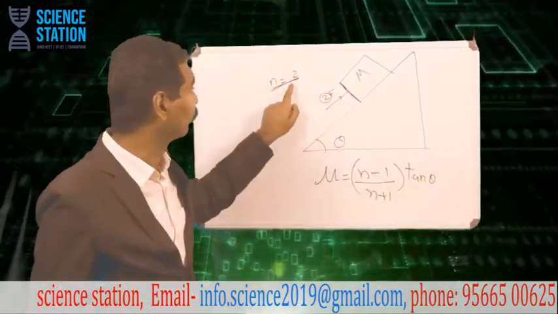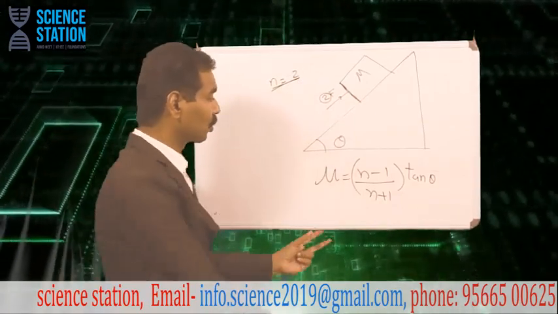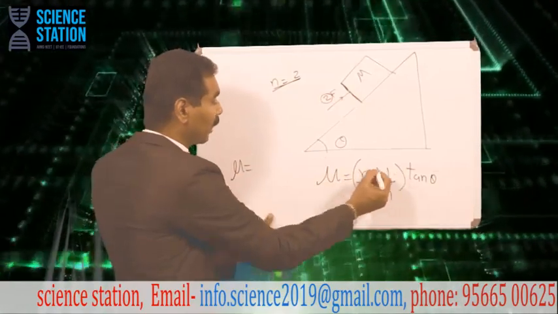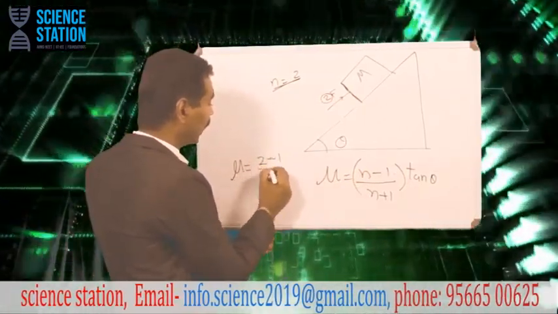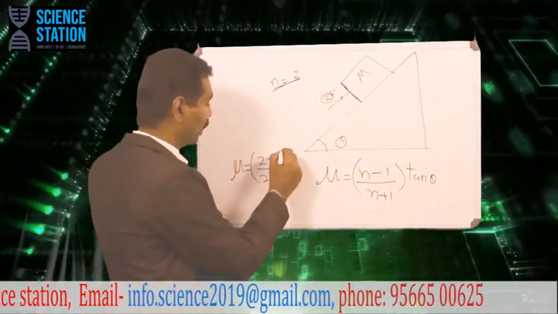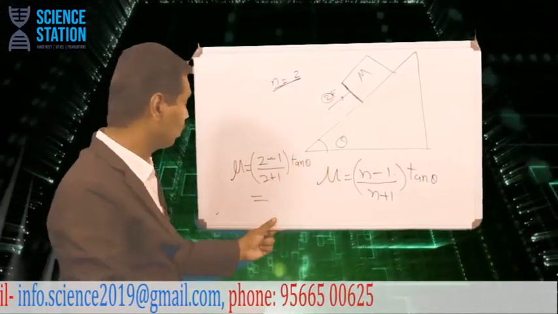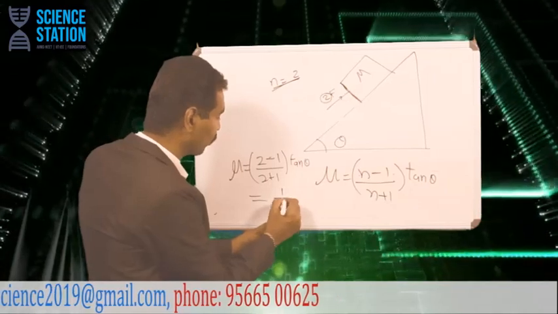Here N is 2, so mu equals (2 minus 1) divided by (2 plus 1) into tan theta. 2 minus 1 is 1, 2 plus 1 is 3, so you get mu equal to 1 by 3 tan theta.